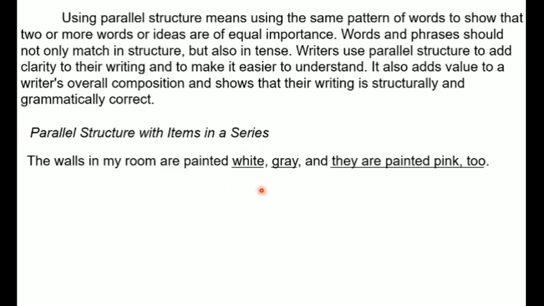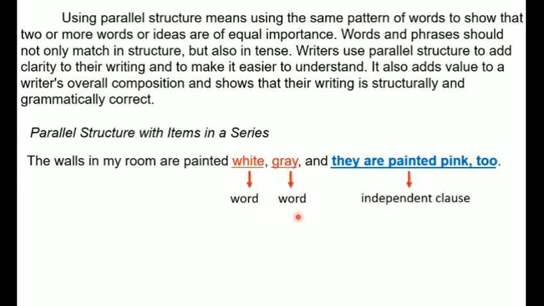Let us analyze this sentence. In this sentence, we have three elements. The first one here is white, gray, and then they are painted pink too. Alright. Now, here, white is a word, and then another element is also a word, but the third element is an independent clause.